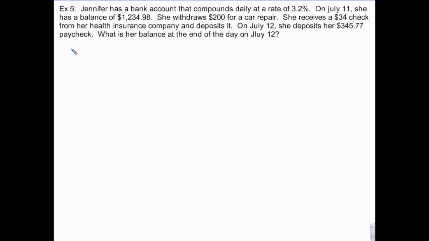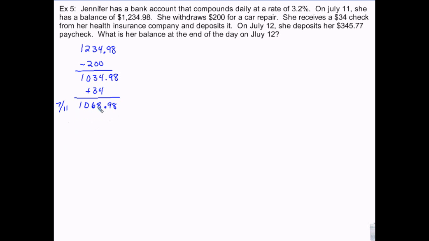So at the beginning of the business day on July 11th, we had $1234.98. And then she takes out $200. And then she deposits $34. This is the end of the day on the 11th.